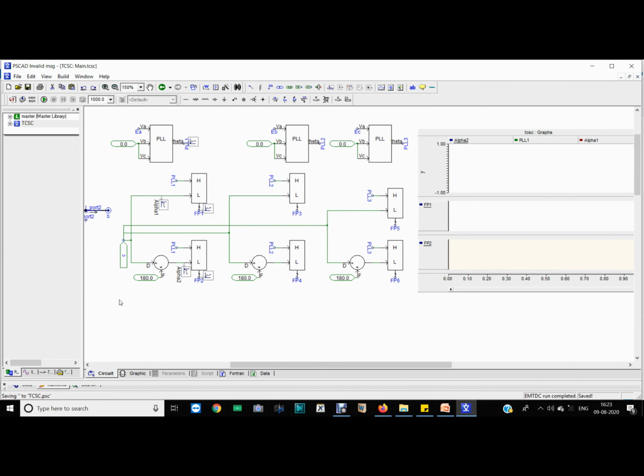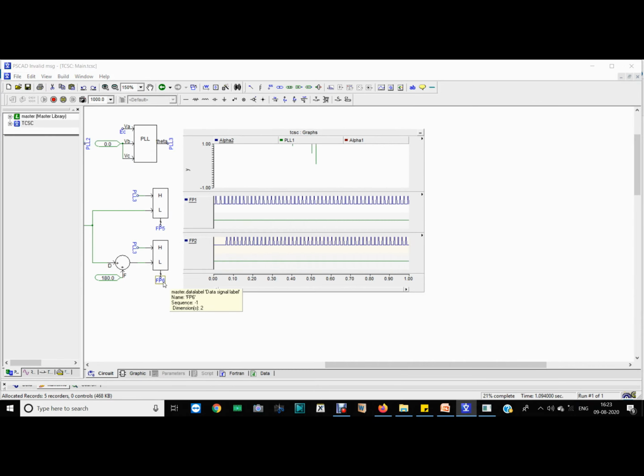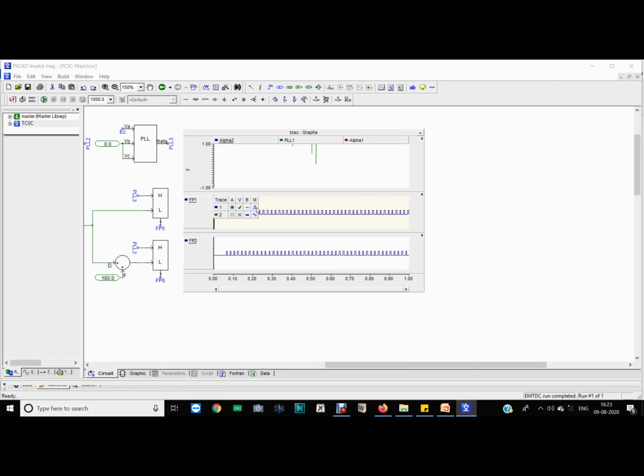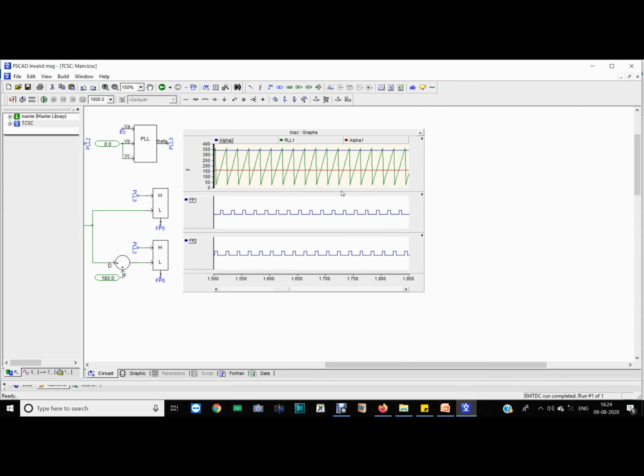Okay, save it first. Just run it. Okay, make it digital. Now you can see, if I zoom in on a portion, this green plot is the PLL output, right?